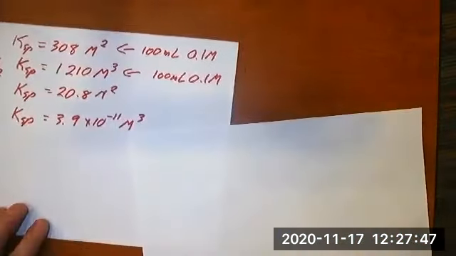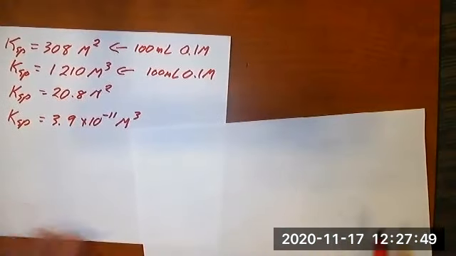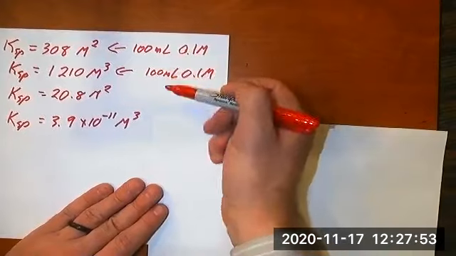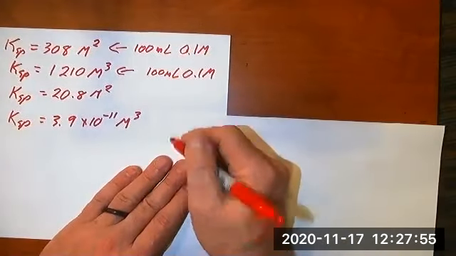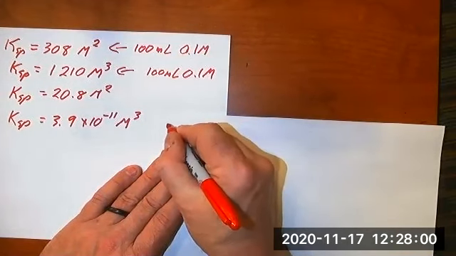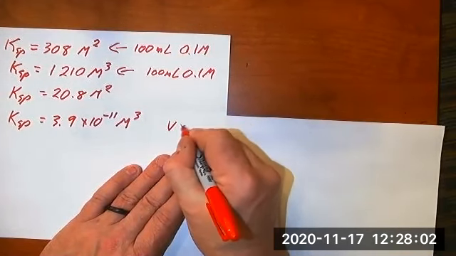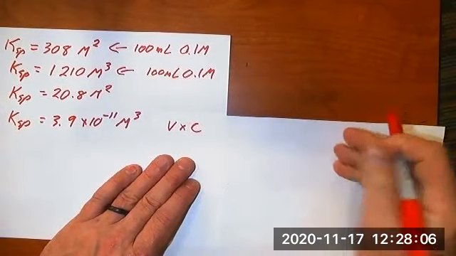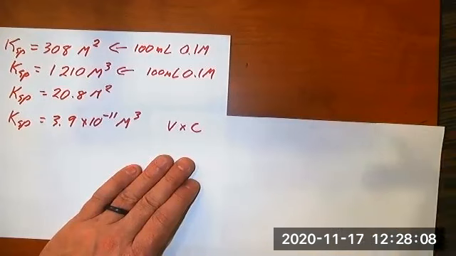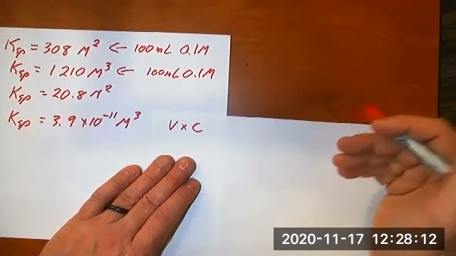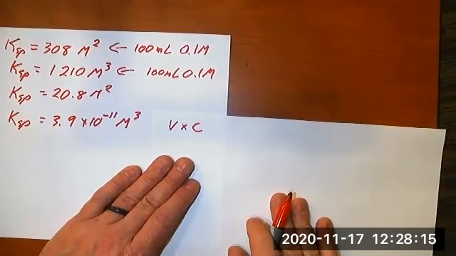So we can skip ahead to that answer, but in the general case, if you're not given convenient numbers like this, what you're going to do is calculate the volume times the concentration to get the number of moles. You find the number of moles, then you divide that by the new total volume that you're going to be working with.